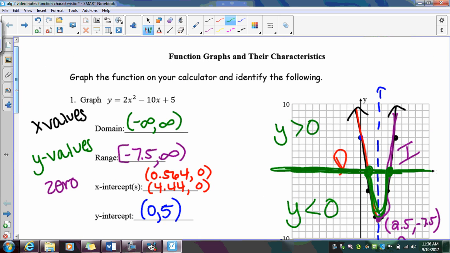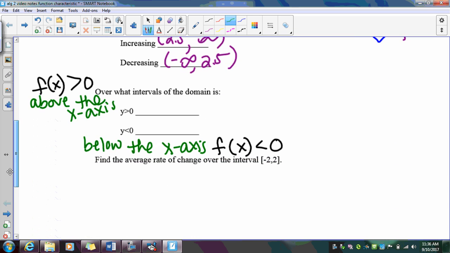So the first one has two pieces. I'm going to start here from negative infinity all the way till I get to this first x-intercept here at 0.564. So it's negative infinity to 0.564. And then remember we use the U because there's another piece, so that's a union.